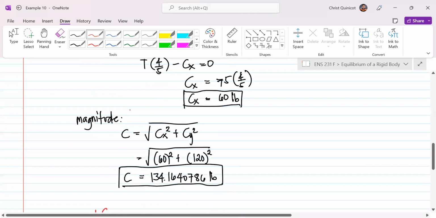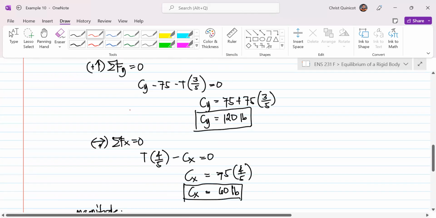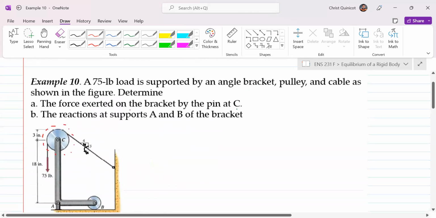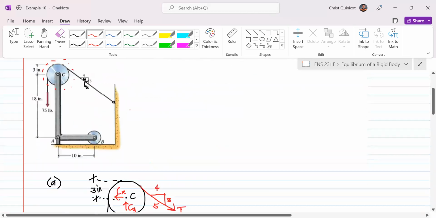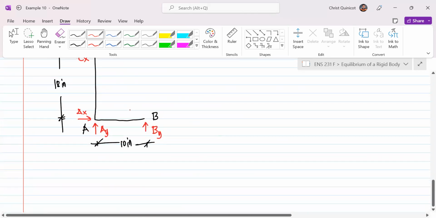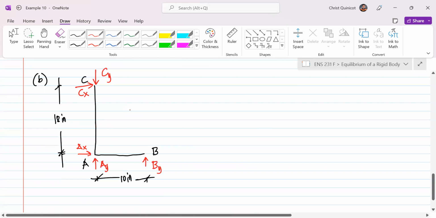Right? So that is why C sub X, when we do our analysis in the bracket, follows the opposite direction.